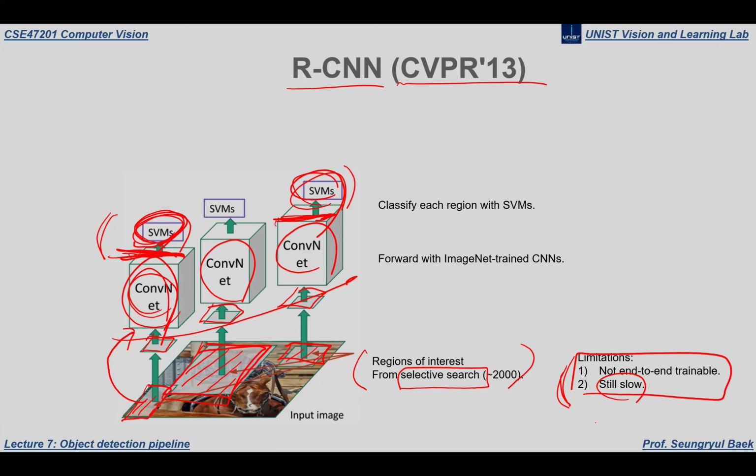It already takes a lot of time to obtain one object detection result from one image. If it takes 1 minute, then it is not that desirable, so it's still slow, so there is room for improvement. And also another limitation is that they are not end-to-end trainable.